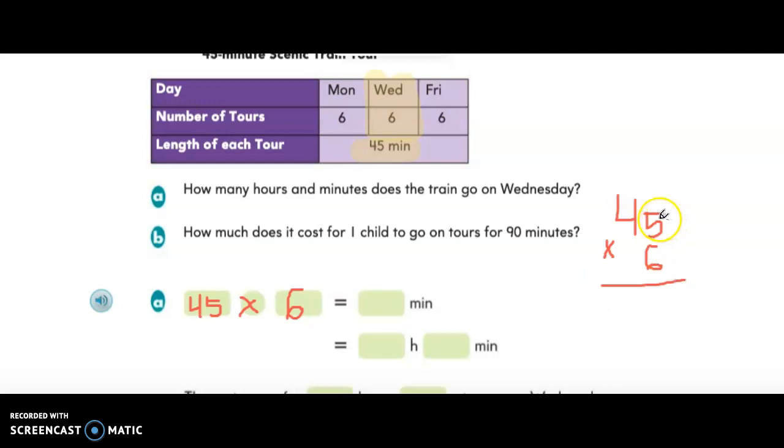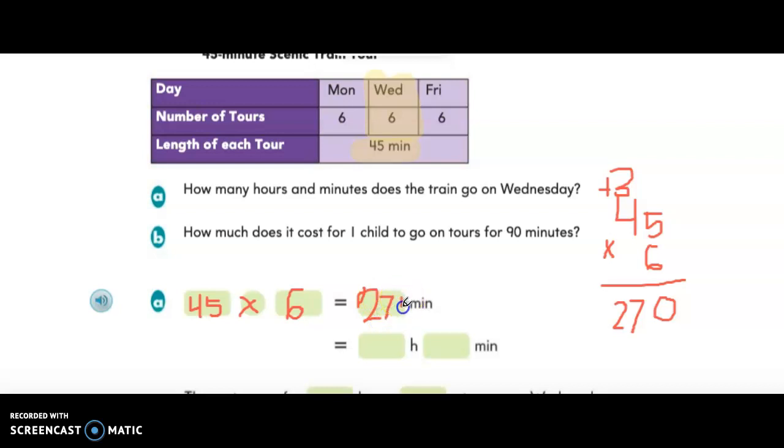So we're going to start by multiplying our ones. 5 times 6 is 30. 0 stays in our ones. We're going to regroup the 3 to the tens. 4 times 6 is 24 plus 3 gives us 27. So we have 270 minutes.